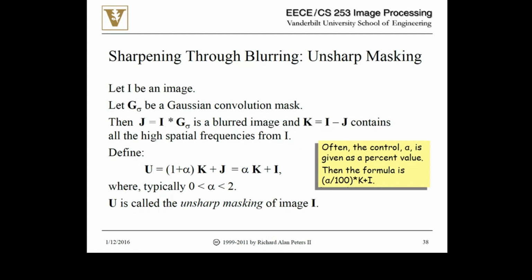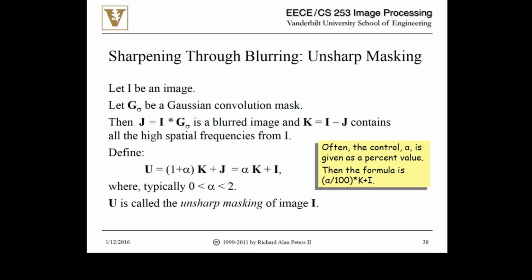Now let us see if we can use a low-pass filter to sharpen images. Let's follow the following path. This operation is called unsharp masking. At the end, a sharpening is a high-pass filter image added on top of the original.